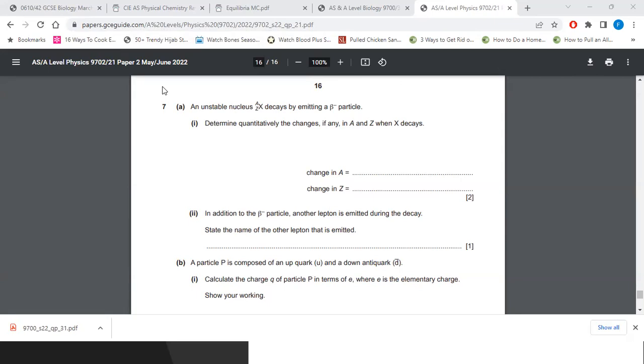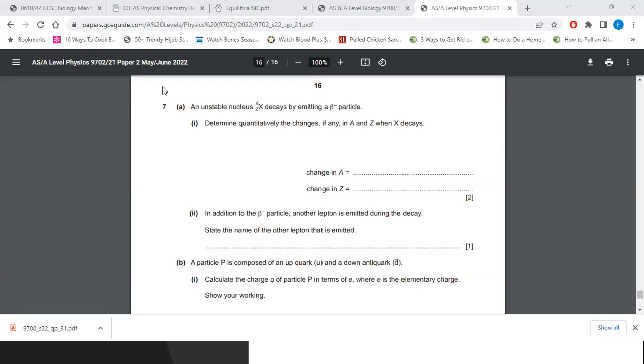Beta minus. Did you guys get the answer?